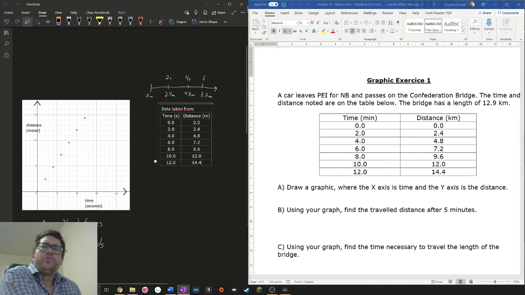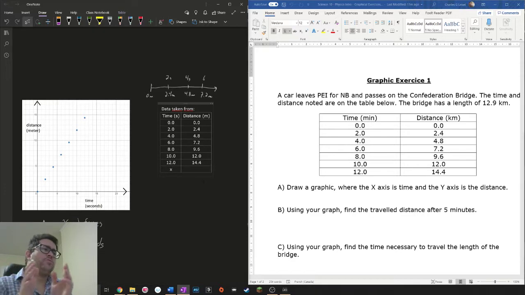Okay, what do you do with that? Well, you have to put them on two axes. So you have the time here, which will be our x-axis. Time is often, in physics, more often than not, your x-axis, because you can easily follow that, right?